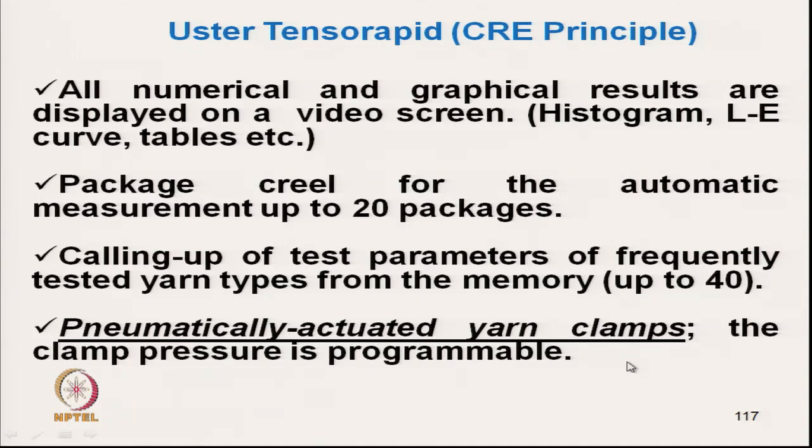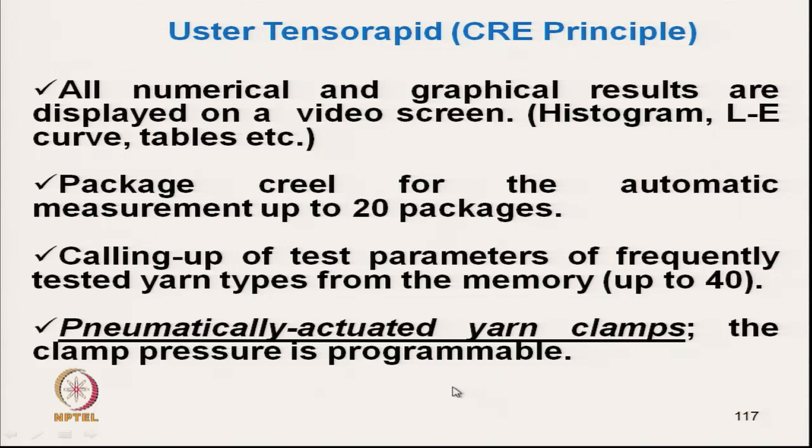Pneumatically actuated yarn clamps. So, there is no physical pressure, it is pneumatic pressure, and there is no spring, nothing. And we can control the pressure, the clamping pressure is programmed.